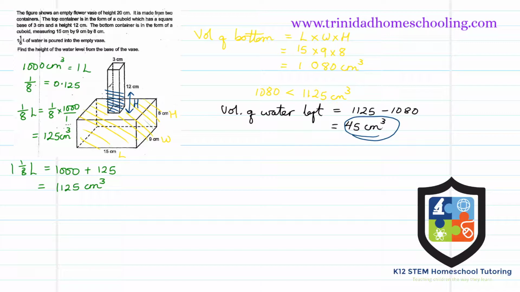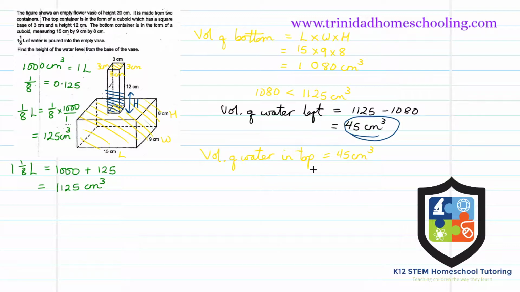We do know that we have a square base, and that square base has dimensions 3 centimeters by 3 centimeters. So we could find the volume. We know that the volume of water in the top is 45 centimeters cubed.